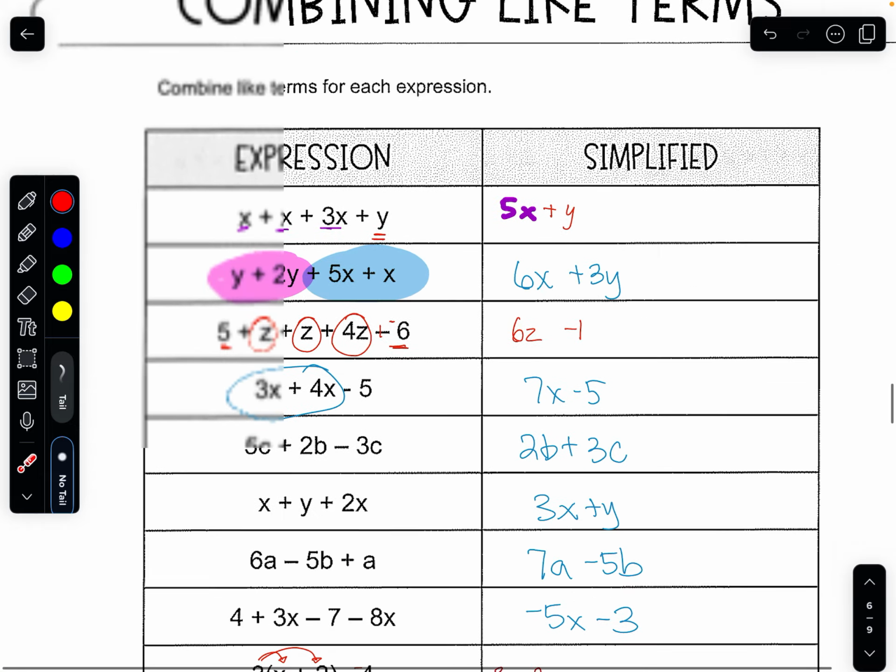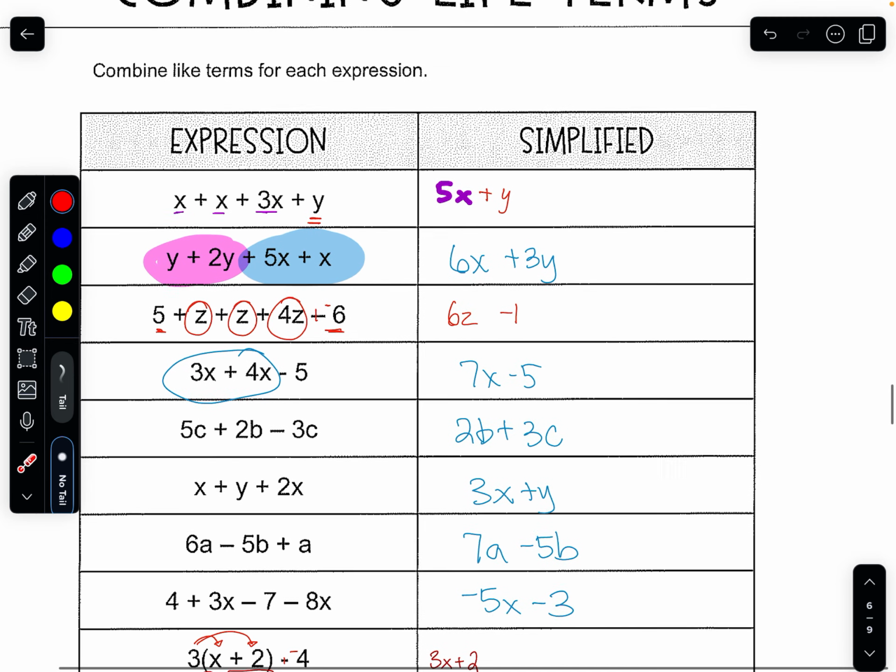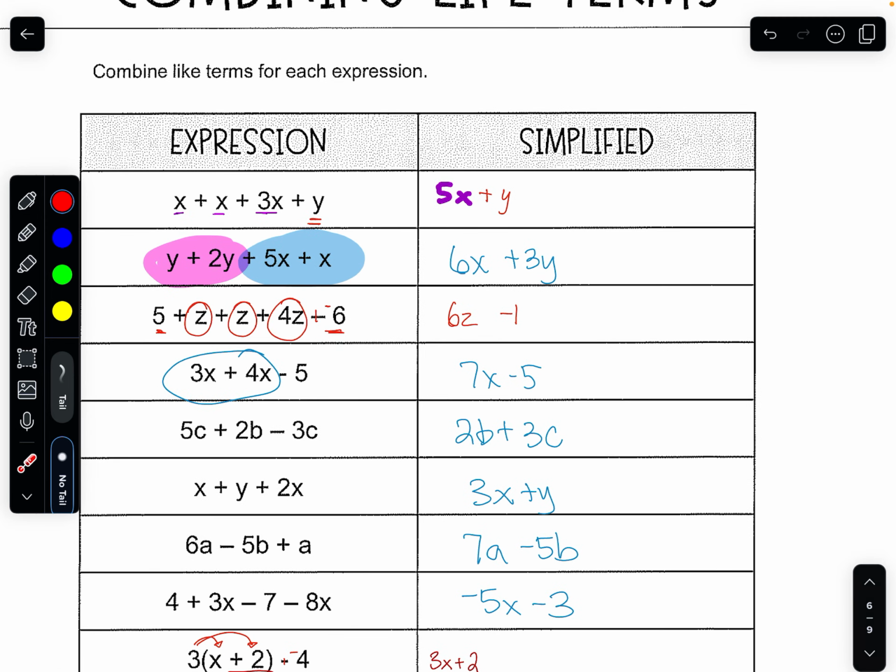All right. Combining like terms, we did the Skittles lab for this. When you're adding and subtracting things, you're always combining like terms. So we always add them up. We just happen to be adding negative numbers, and you can only add things together that are the same. So you can see on the first one, we have an x plus an x plus 3 more gives us 5x.